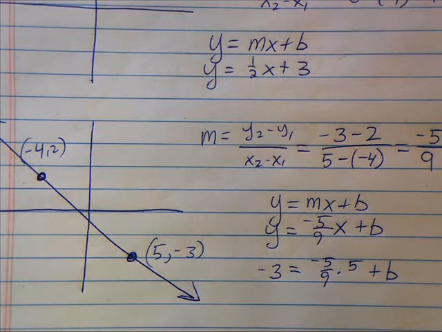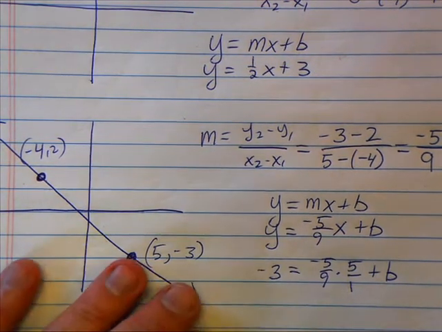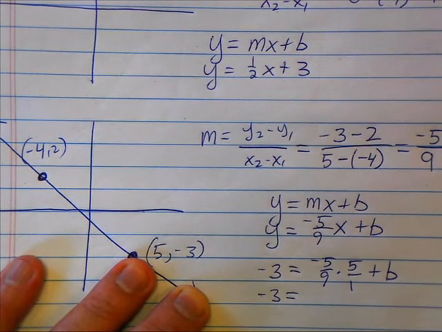So how do I get b all by itself? I'm going to think of 5 as being 5 over 1. Think of that as being a fraction. So I would write -3 equals, what's -5 over 9 times 5 over 1?